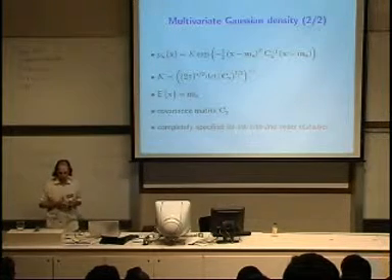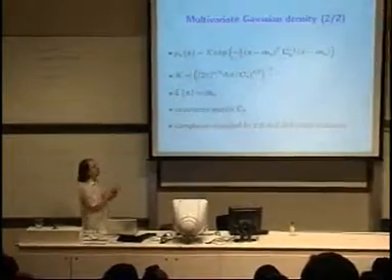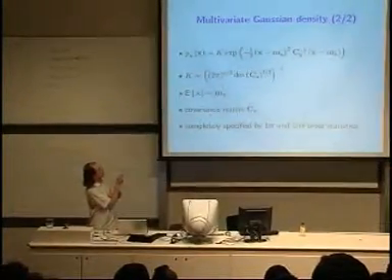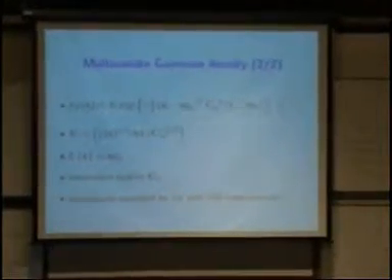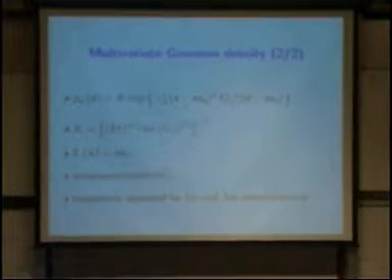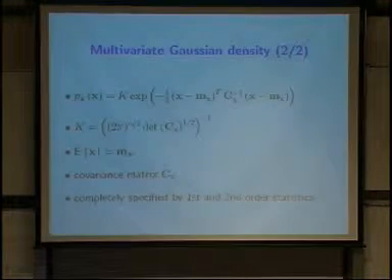And the mathematical expression for that kind of density is given here. The probability density function of x is some normalizing constant times the exponential of a certain kind of quadratic form.